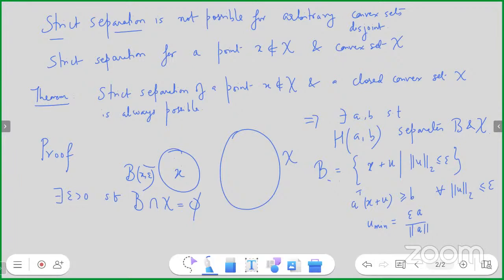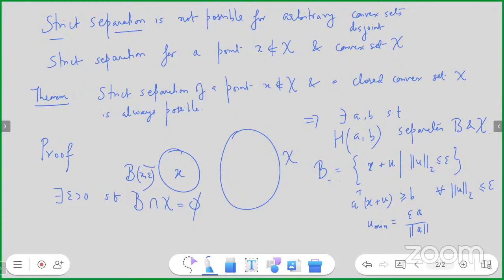And the distance between X and the hyperplane was epsilon. At least epsilon. Why? That's not true, right? We don't have that. What do we have? We have A transpose X plus U is greater than or equal to B. So if you put this back here, what do you get?